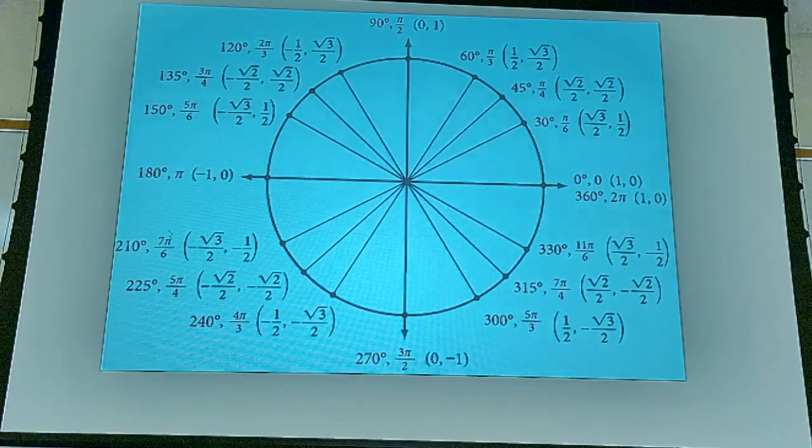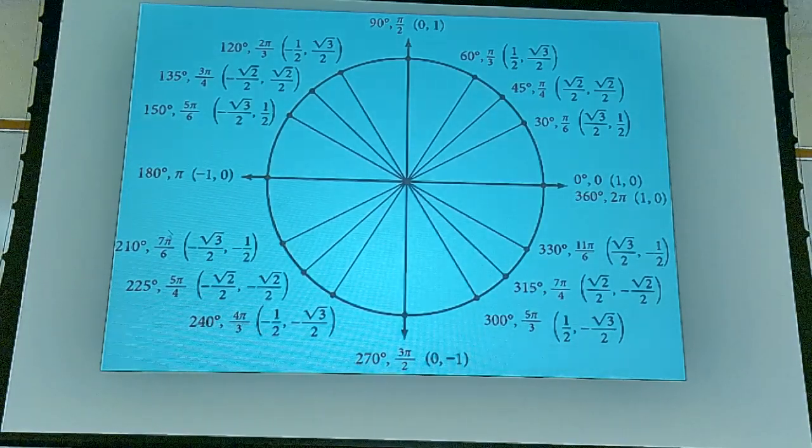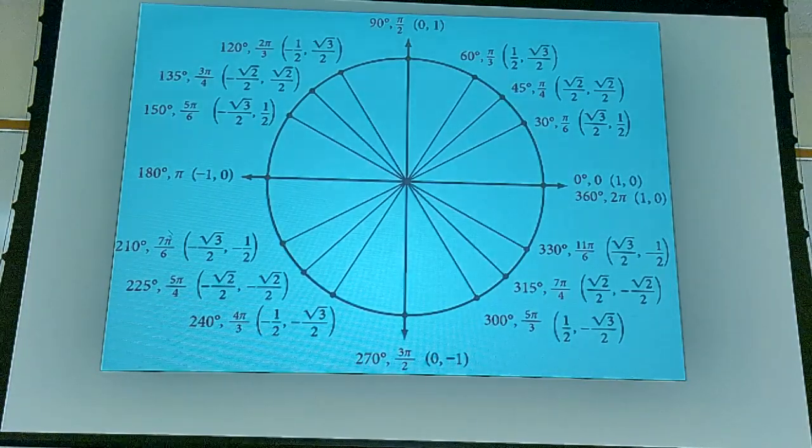Multiply that by root 3, what do you get? So it's root 3 times root 3 over 2.